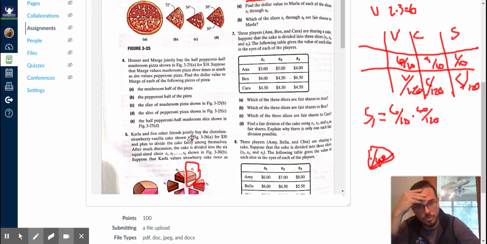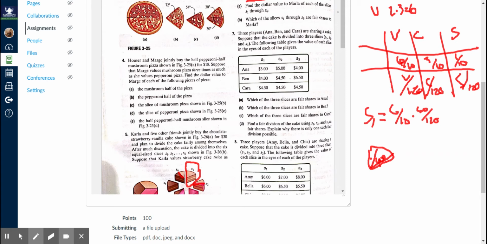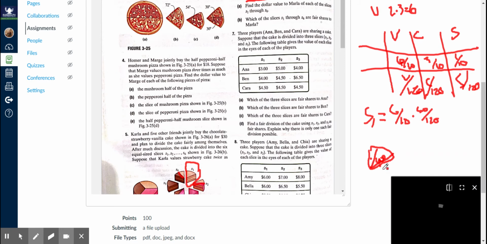For S2, it's going to have a 30-degree angle of vanilla and a 30-degree portion of strawberry. And I'll do that one with you as well. So once I get that multiplication, which is really 6/10, or 0.6, times 0.5, it's going to be 0.3 again.